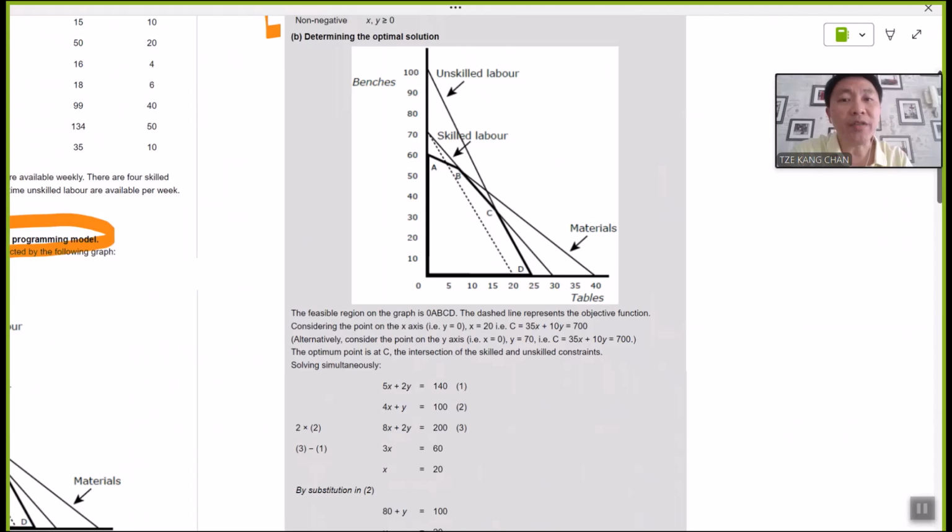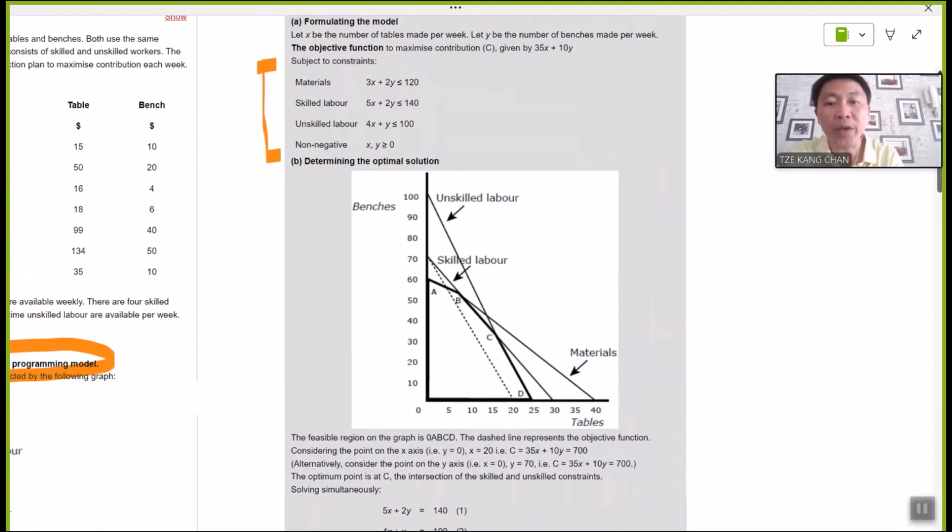By making use of this diagram that is clearly showing the dotted line representing the ISO contribution or objective function line, and moving within the feasible region depicted by the bolded line, the last point that this objective function line touches when it moves outside the region is clearly point C. That is the last point it touches.